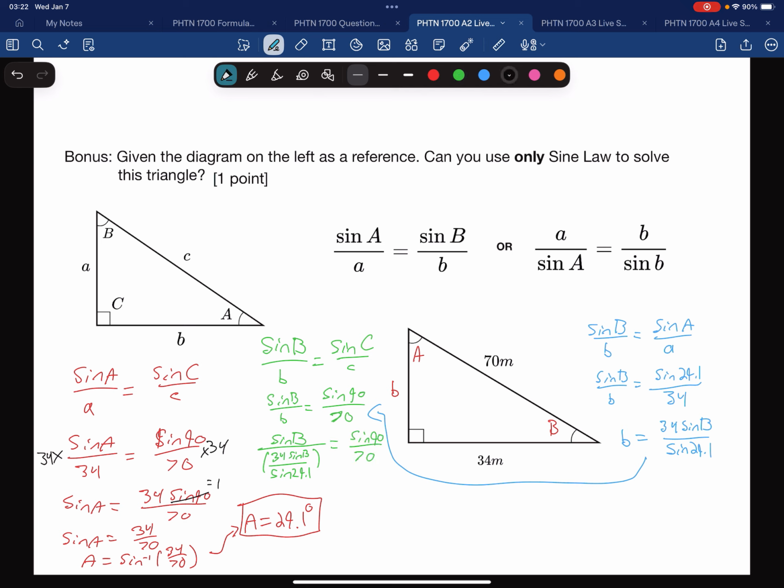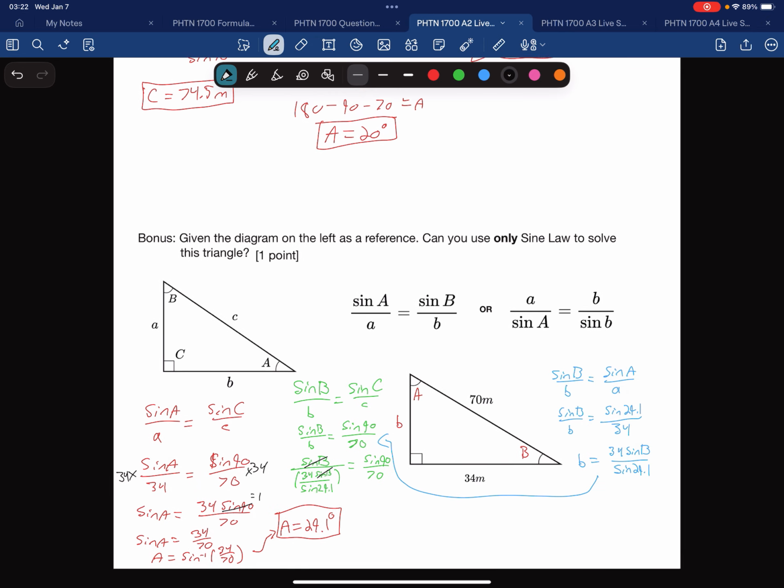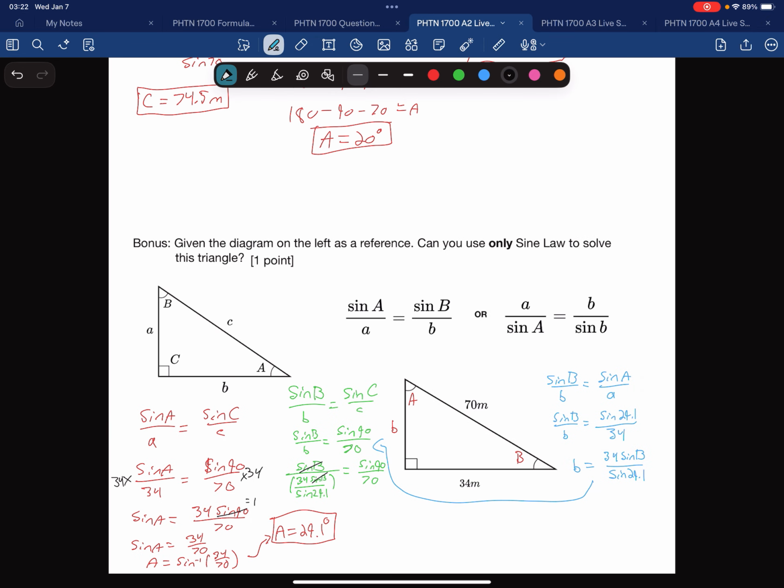And if you carefully expand the brackets and simplify everything down, you'll notice that the sine B's actually end up canceling out, and we're left with an equation with no variables. So all of that work was kind of pointless. So no, in this case, you cannot only use sine law to solve this triangle. You do need just a little bit more.